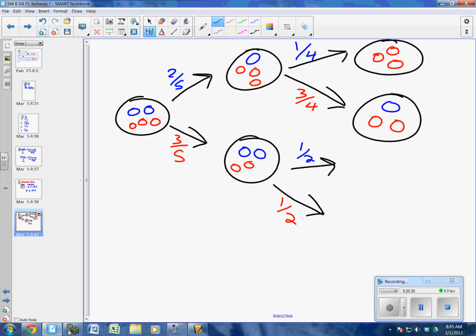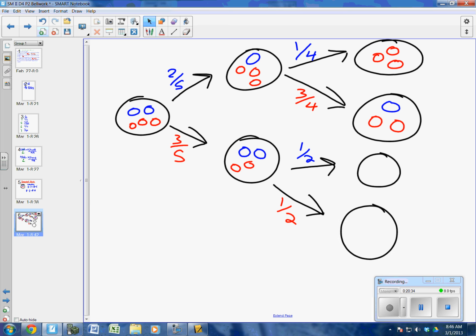And what would be left in each one of these circles? Two red here, one red here, one blue here, and 2 blue there. Right? We got that? So, you guys kind of get how this is going?